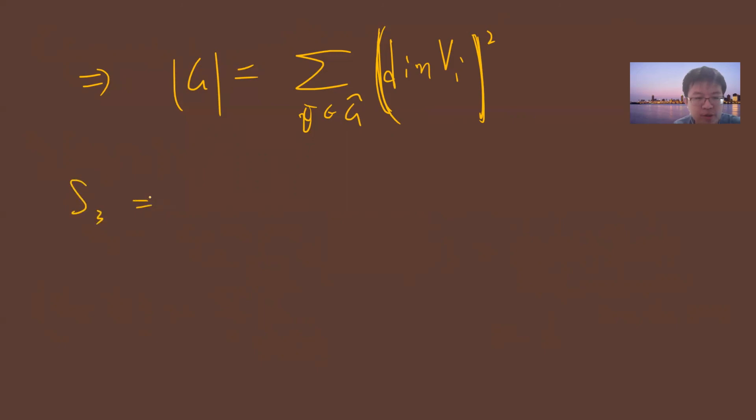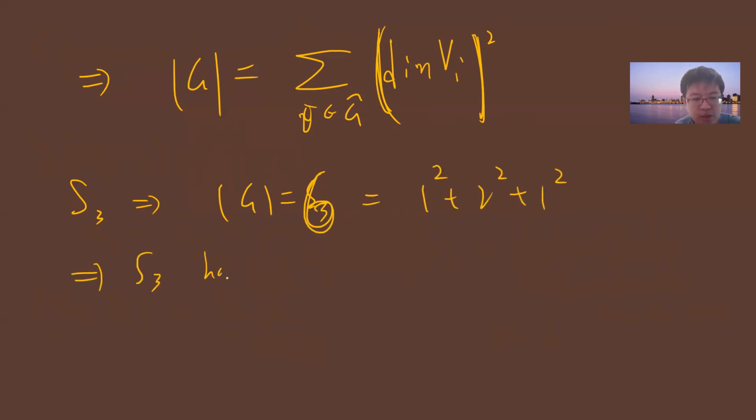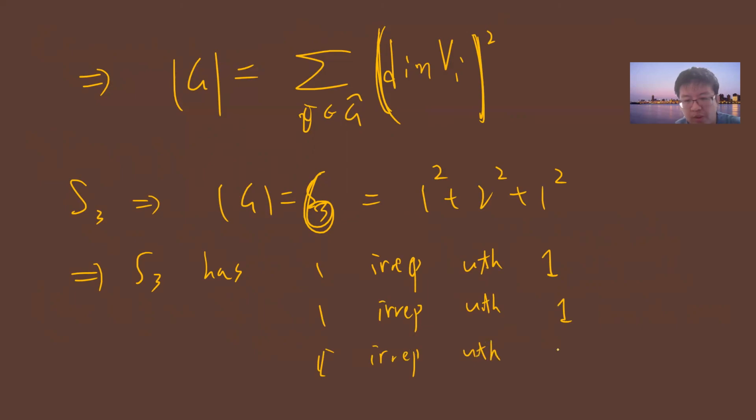Okay, so let's go back to our example, S3. The order of S3 is 6, and 6 can be written as 1 squared plus 1 squared plus 2 squared. This tells you that S3 has one irreducible representation with dimension 1, another with dimension 1, and one with dimension 2.